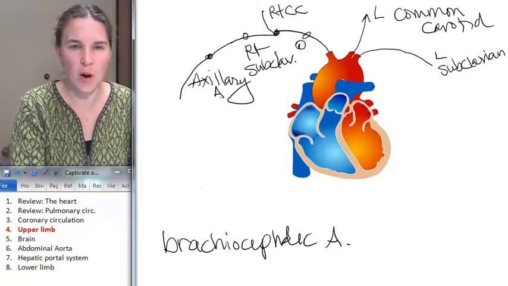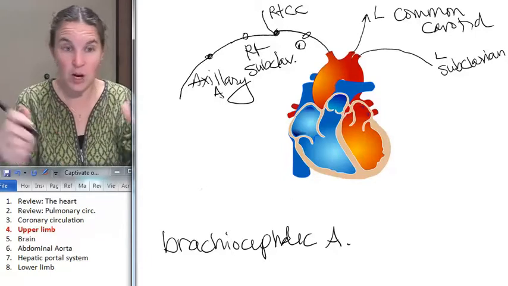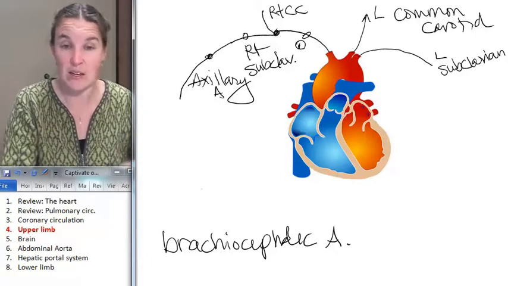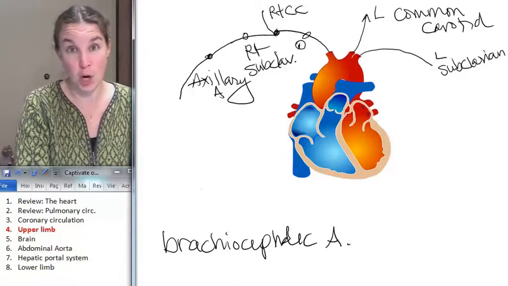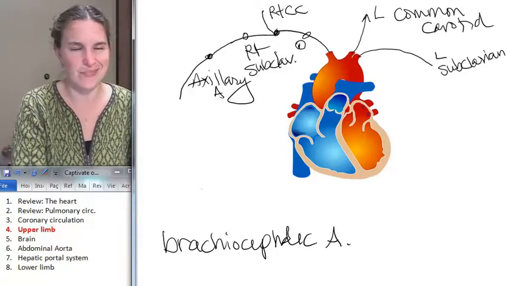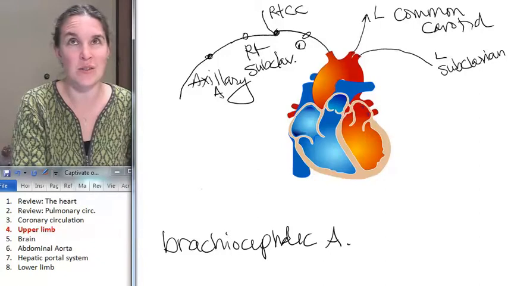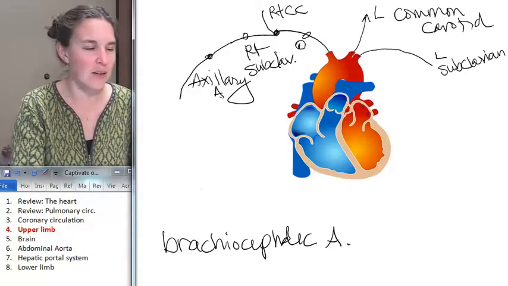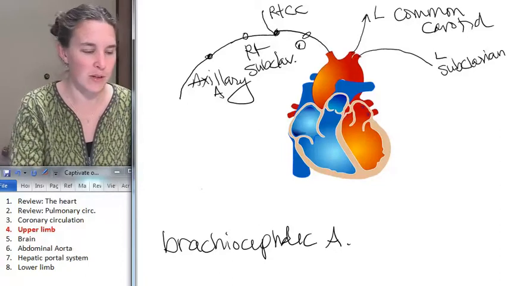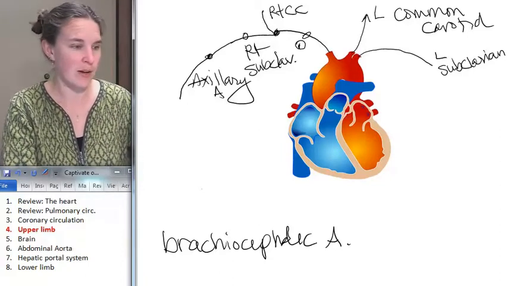And remember, all of these are going away from the heart, so we're feeding things. The axillary artery, there is a marker at which, I can't remember if it's as soon as you get under the clavicle, that then you're the axillary artery, and I was going to make a note of it and remember it forever. Of course I was, right?